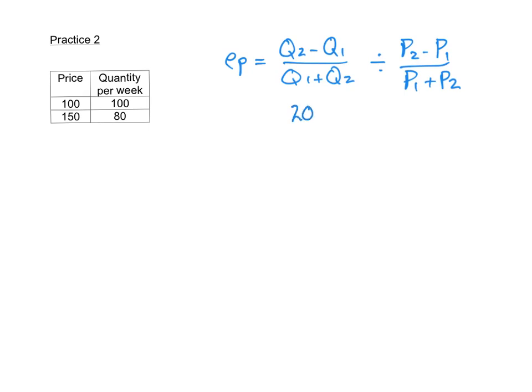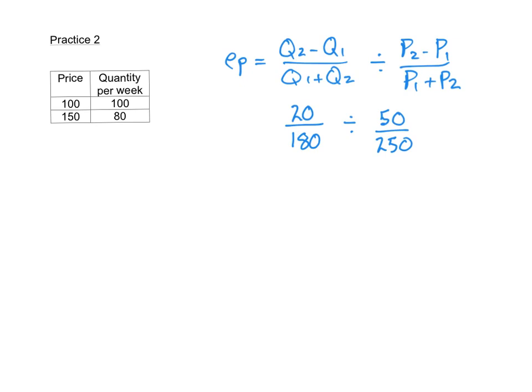That's 100 minus 80. And that is divided by the sum of the two quantities, which is 100 plus 80, gives us 180. That then is divided by the difference between the two prices. So we've got 150 minus 100, which gives us 50. And that is divided by the sum of the two prices, which is 100 plus 150, gives us 250.